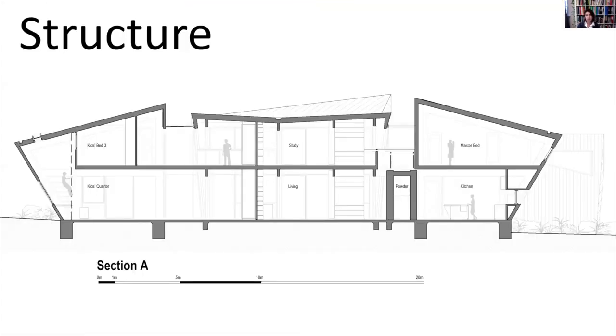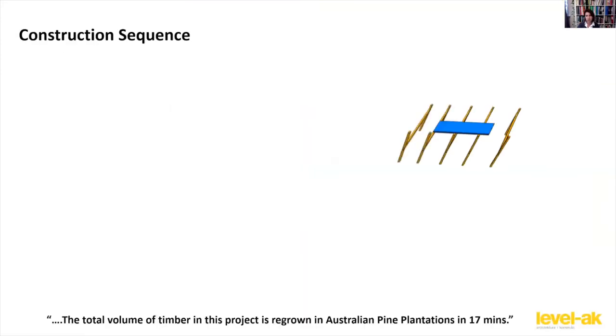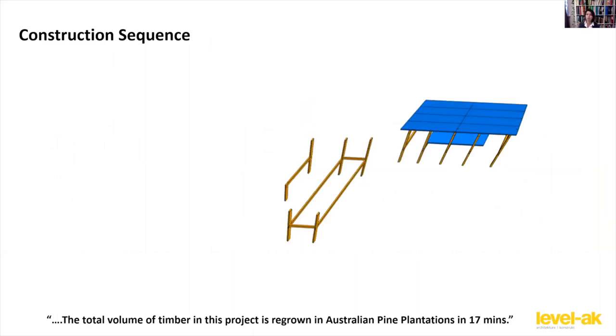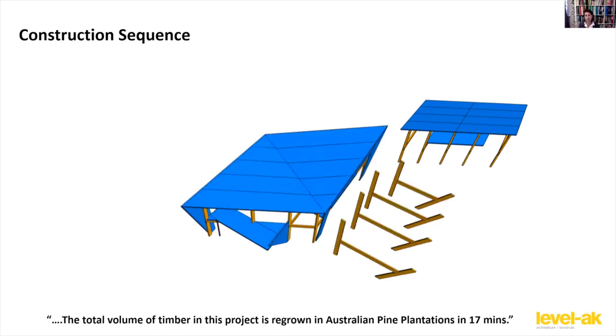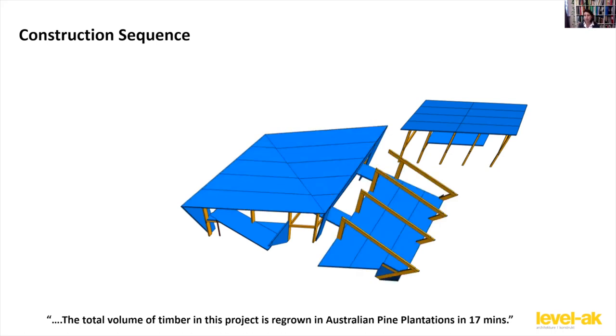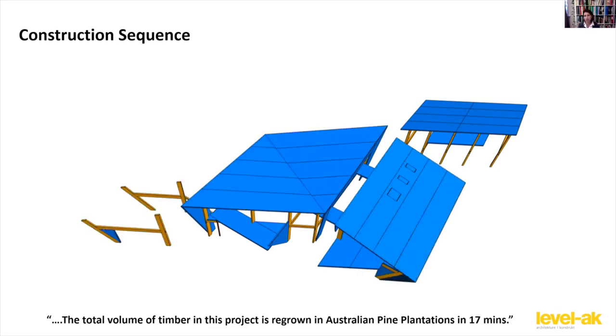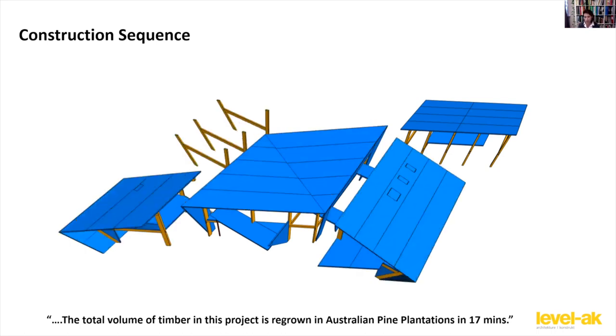The method of construction was extremely important in this project. After laying down the slab, which was done using less concrete by having these slanted walls, we erected the portals, and then the CLT covered the walls, the roof, and the floors.